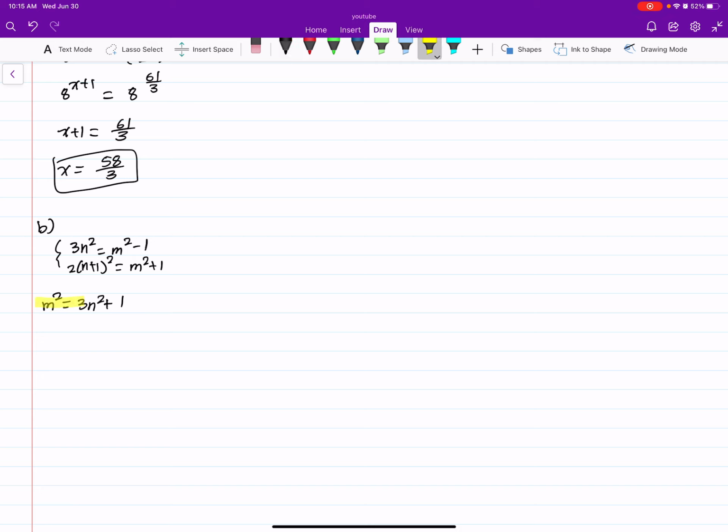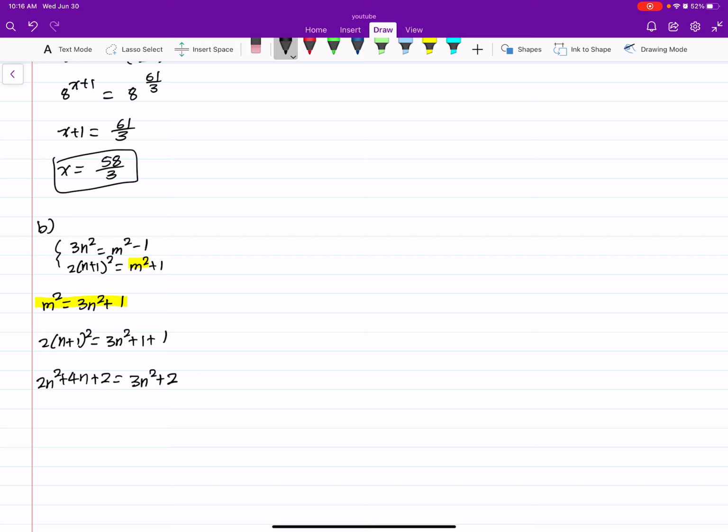Using this equation, we can substitute for m squared in equation number 2. So we have 2 times n plus 1 squared is equal to 3n squared plus 1 plus 1. We have 2n squared plus 4n plus 2 is equal to 3n squared plus 2.